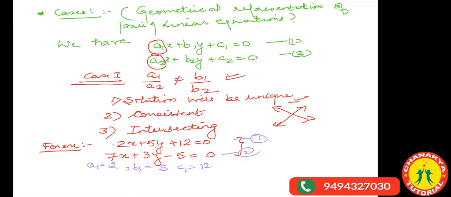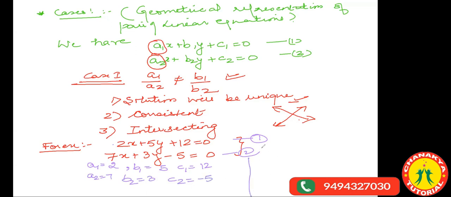Now Shan, tell me the values of A2, B2 and C2. A2 is 7, B2 is 3, and C2 will be minus 5.